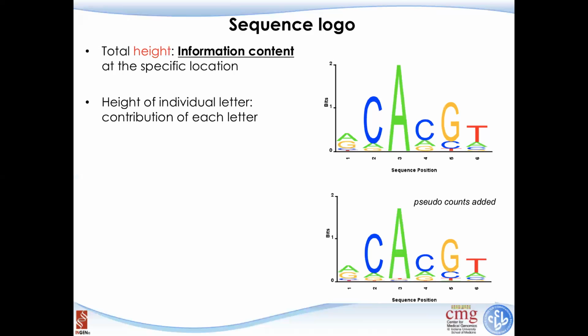So let's go back to the sequence logo. As I said, you can see the total height. We always put 2 here. Usually we put 2, not always. Because, as we showed before, if ACGT are equally and randomly distributed, then the maximum is 2. However, if you add pseudo counts for each position, then no position purely focuses on one nucleotide.